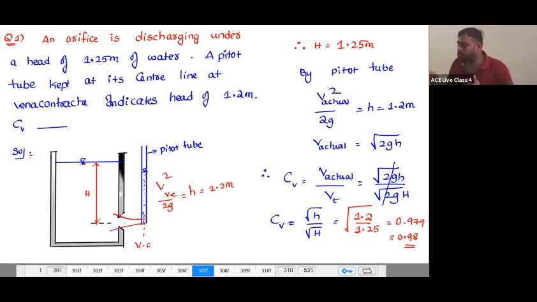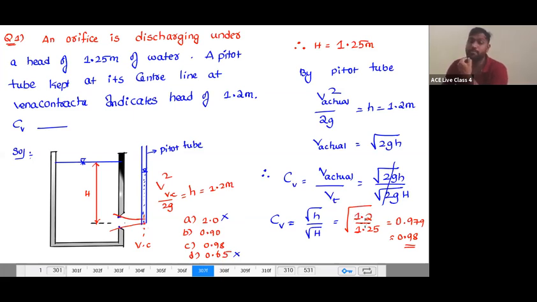See, the options I have provided are B value 0.9, C value 0.98, D value 0.65. First of all, I can eliminate A and I can eliminate D. Now between B and C, 0.9 and 0.98. 1.2 by 1.25 means 0.95, my dear.